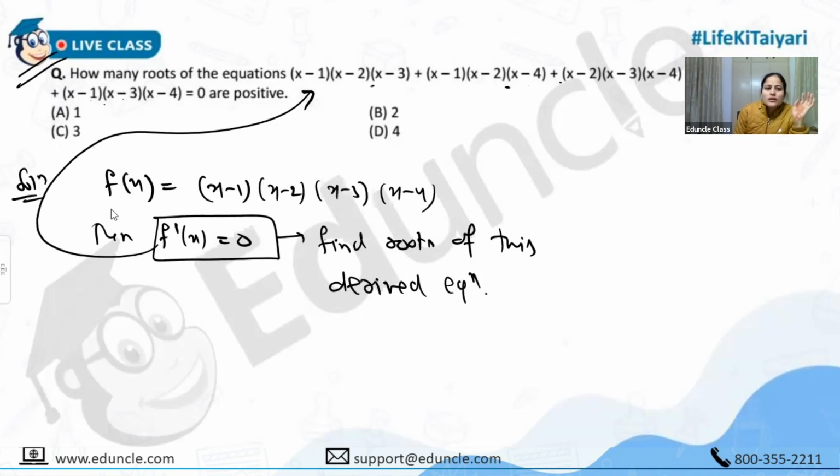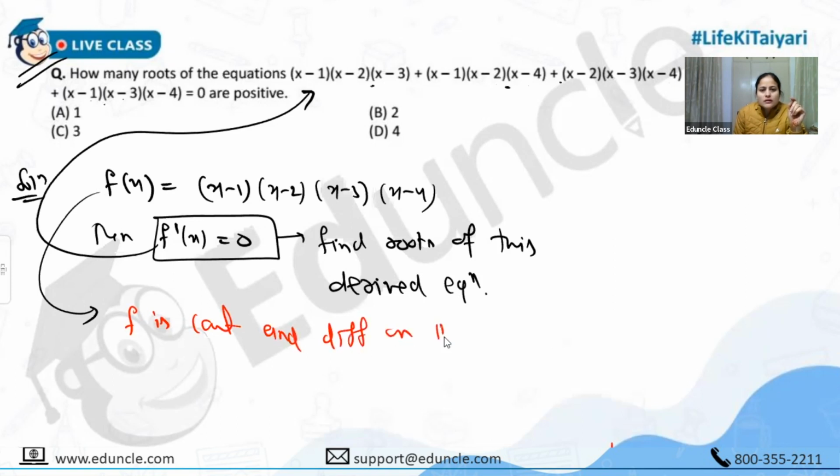So we can use Rolle's theorem. Here clearly the function f is continuous and differentiable on R. This function is a 4th degree polynomial ना, so it is everywhere continuous and differentiable. Yes, चलिए okay ठीक है.